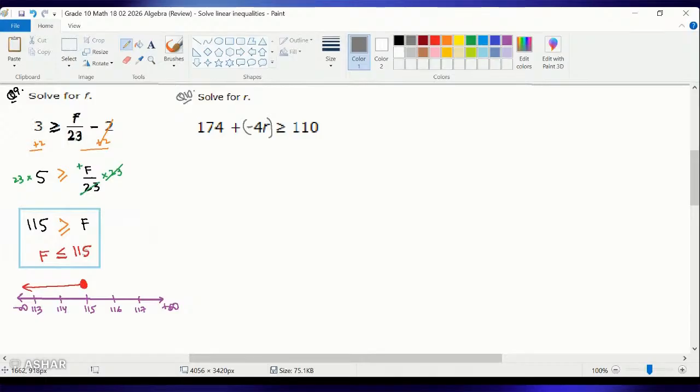What can we do? Can we subtract 174 on either sides? Can we take 174 to the other side? And we are left with minus 4R is greater than or equal to 174 minus 110, which would be 64, but with a negative sign, right?